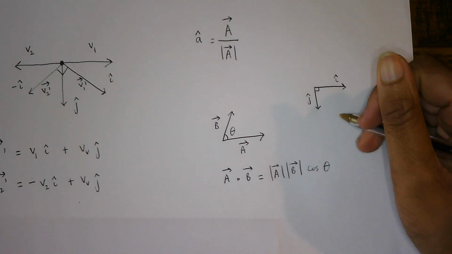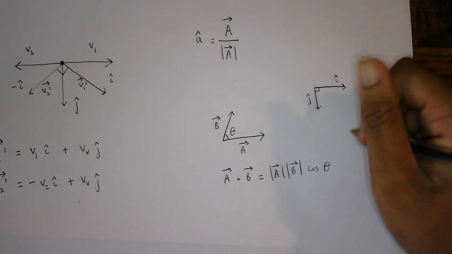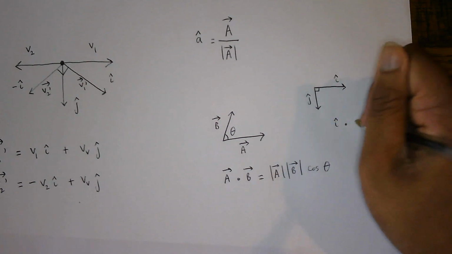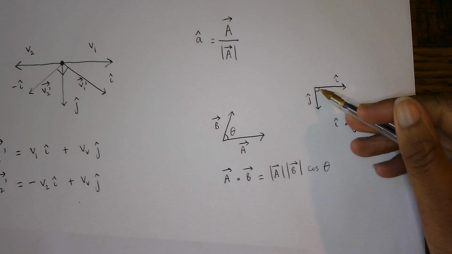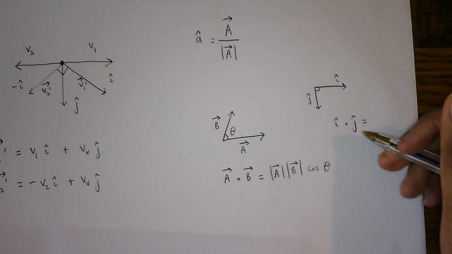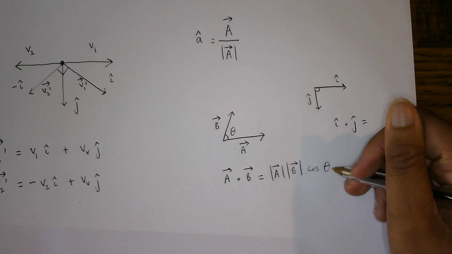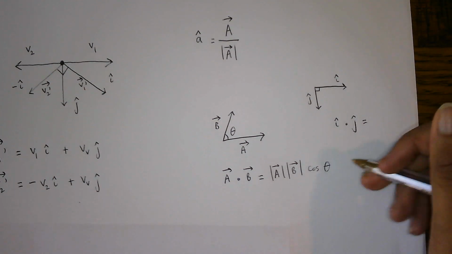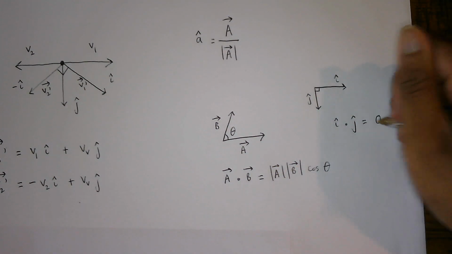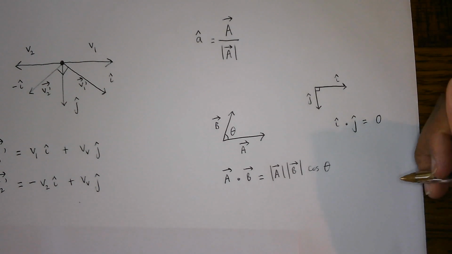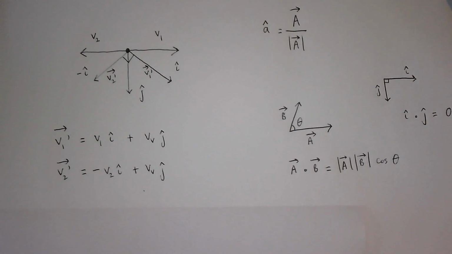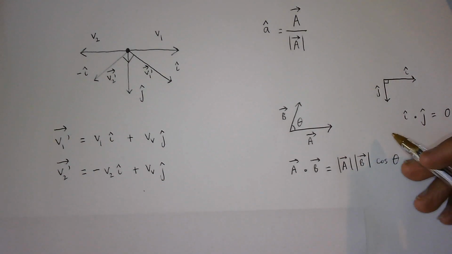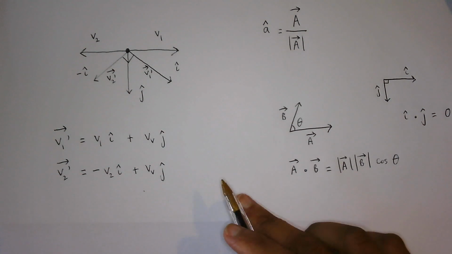So if we do I dot J, the angle theta is 90 degrees, and cos 90 is 0. So that means I dot J is 0. That's just a general rule. If it ever says that two vectors become perpendicular, we know that their dot product must equal 0.